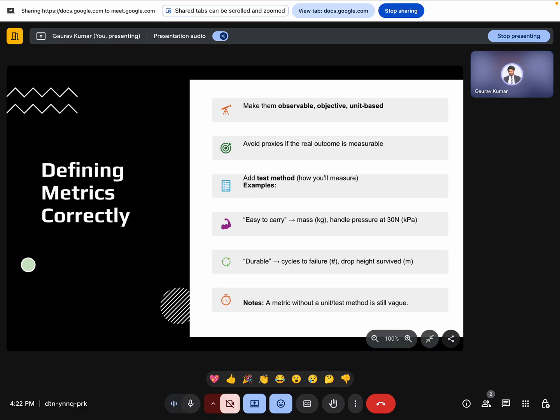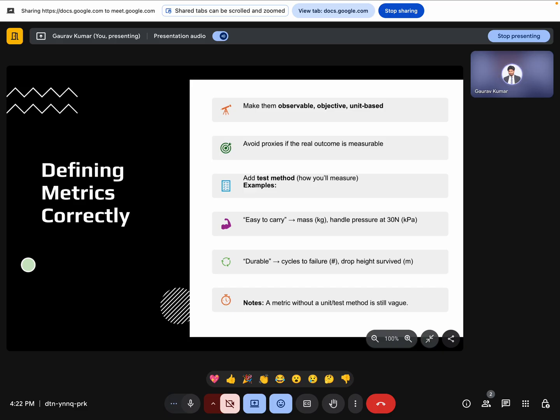Easy to carry can translate to mass in kilograms, handle contact pressure at a specified load in kilopascals, or time to walk a fixed distance while carrying the device, in seconds. Durable becomes cycles to failure or drop height survived. Quiet becomes sound pressure level at 1 meter in dB in a defined environment.